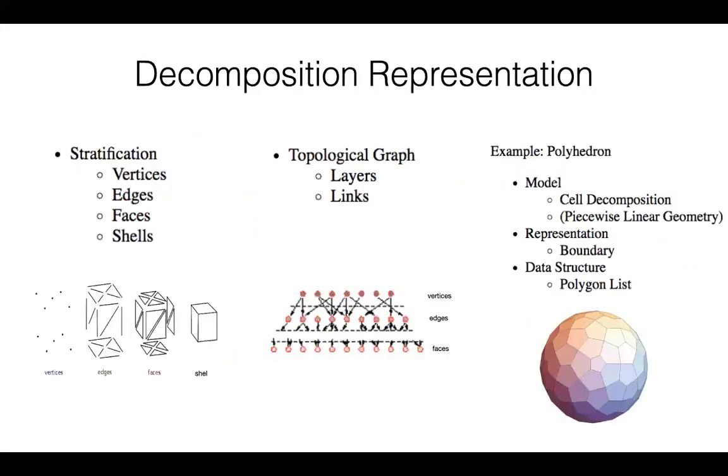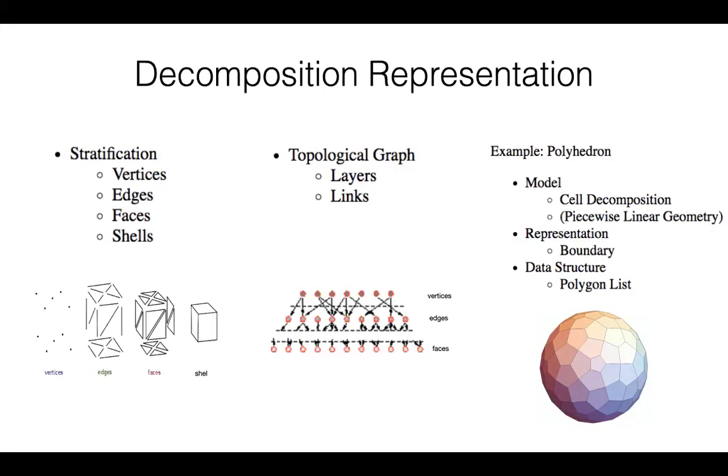And now the decomposition representation is the other way, right? Because basically what happens is that we have topological elements, and then we take a complete object and we break this object into simple parts that will be primitives, but we are going to assemble these primitives in terms of these topological elements.